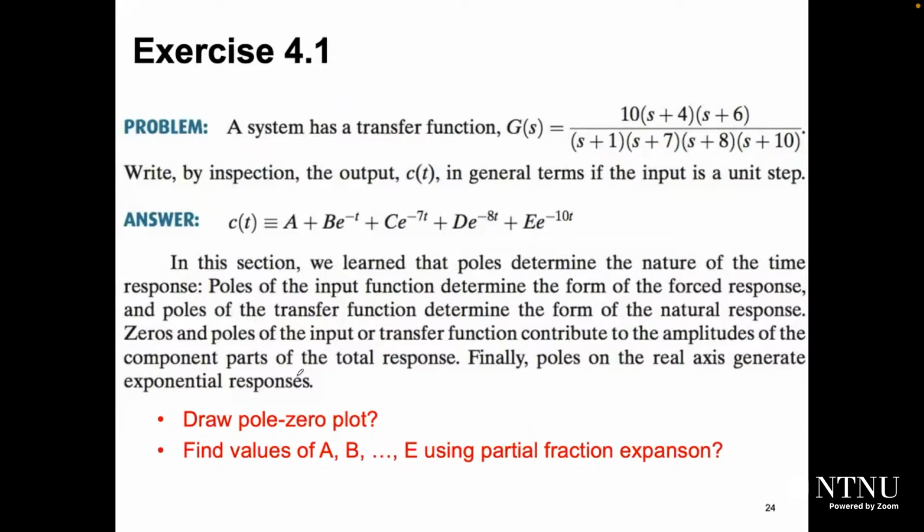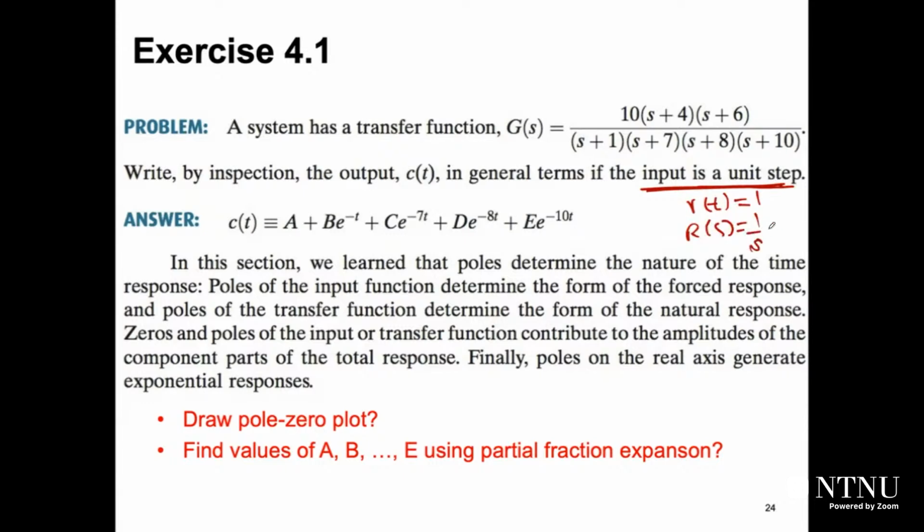We have exercise 4.1. You have a system which has this transfer function. Write by inspection the output c(t). By inspection means you don't need to solve it in detail. So by inspection, c(t) will be for the input equal to a unit step. In this case, r(t) equals 1, so R(s) equals 1 divided by s.